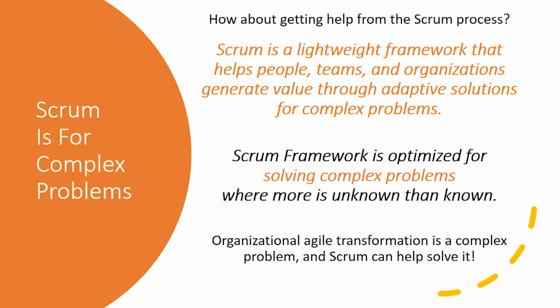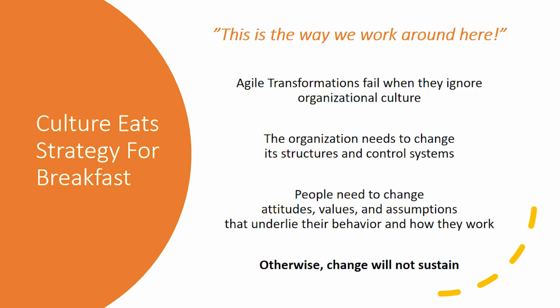Sounds nice and easy. Unfortunately, Scrum in itself is just the easy part, because culture eats process for breakfast. Culture eats strategy for breakfast. So if you ignore organizational culture, your transformation is bound to fail. Any changes in the way they work will not be sustained, and the old behaviors will strike back very soon.